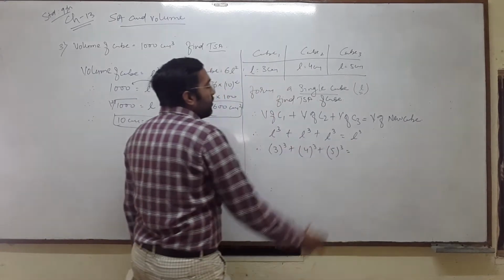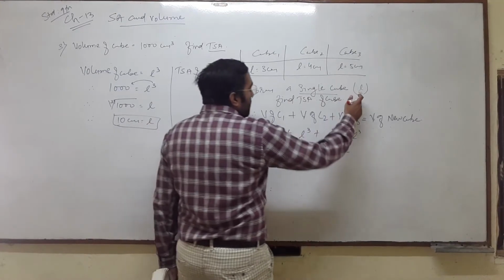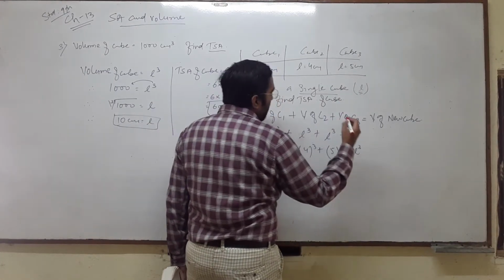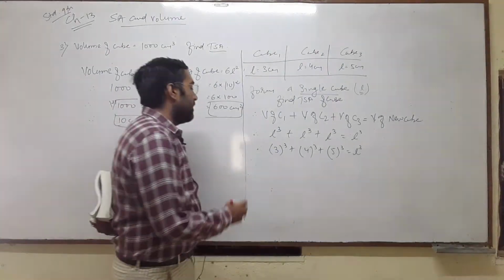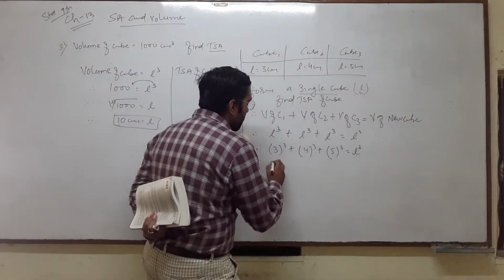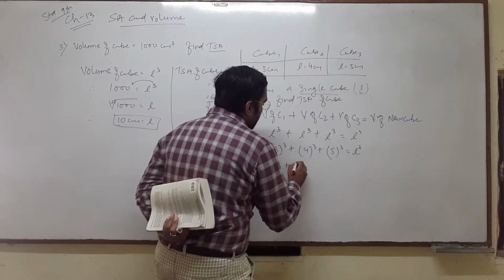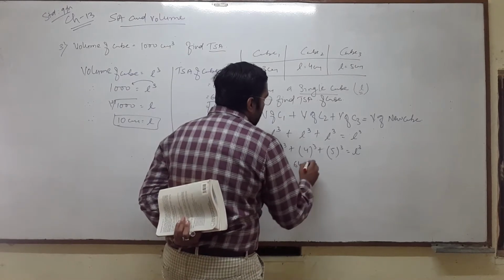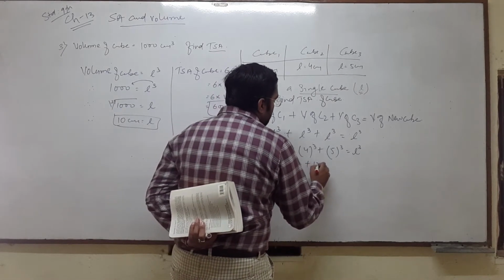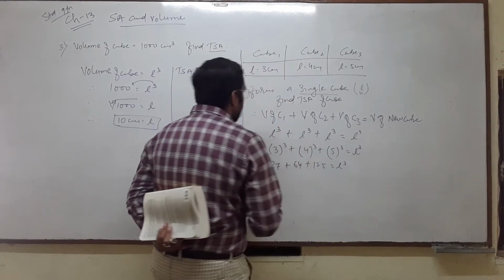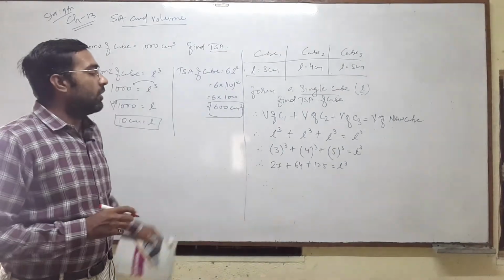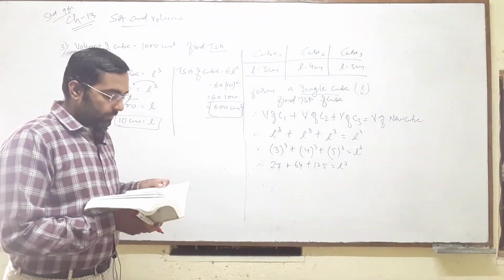Now for the new cube I have to find the length, so I'll take L cube as it is. Now 3 cube is 27 plus 4 cube is 64 and 5 cube is 125 equal to L cube. So add all of these numbers, students.